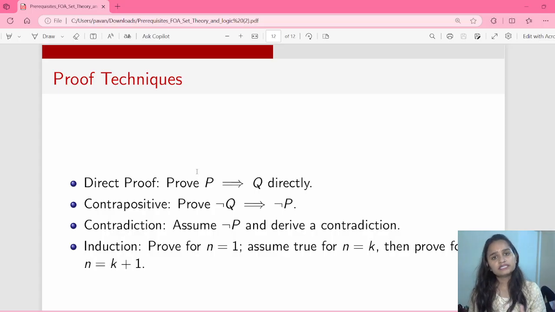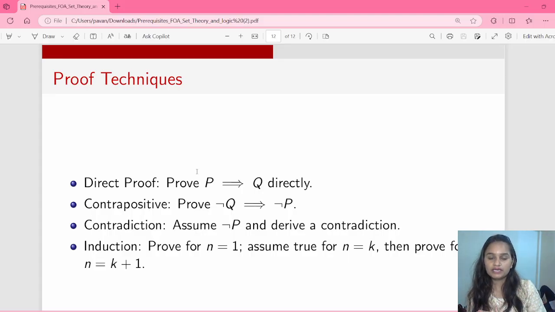Depending on your choice of statements, the first step can be n equal to 1, and we prove that the statement is true for n equal to 1. Then we assume that it is true for some k, and we prove that the next step, k plus 1, is true.